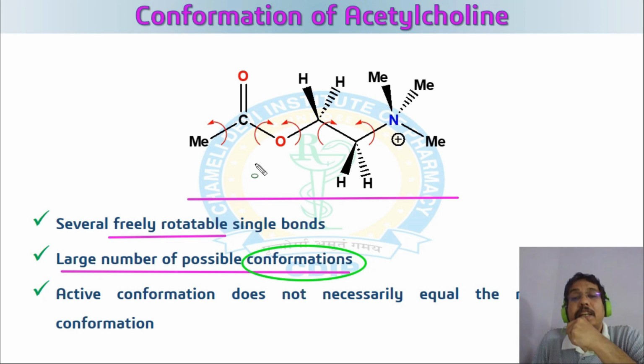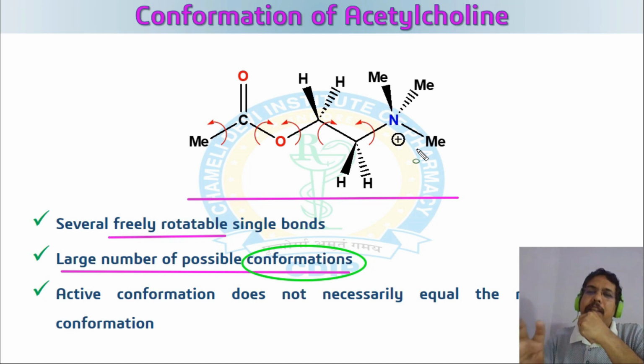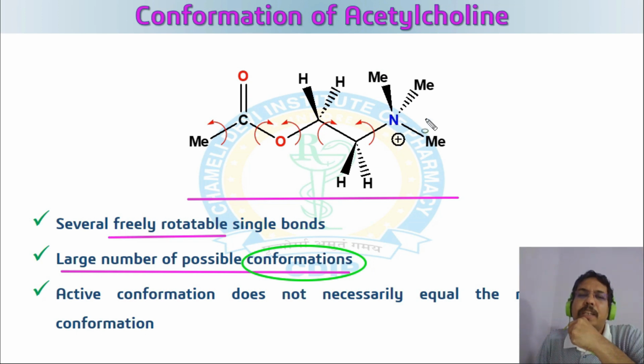If you look at the distance between the oxygen of the ester and the nitrogen of the quaternary amine, it is changing, and these changes might be responsible for the non-specific behavior of acetylcholine towards the nicotinic as well as muscarinic receptor.